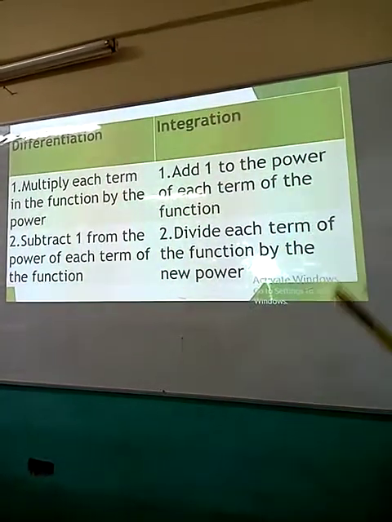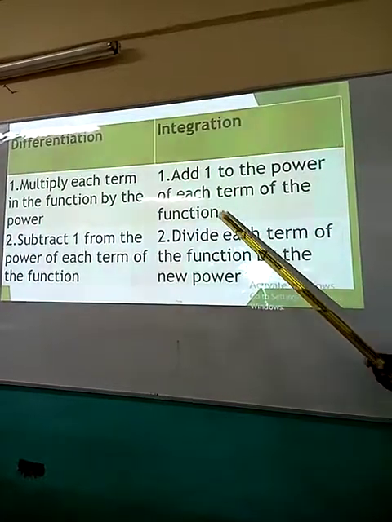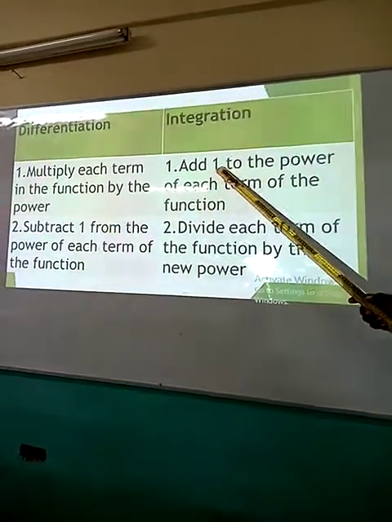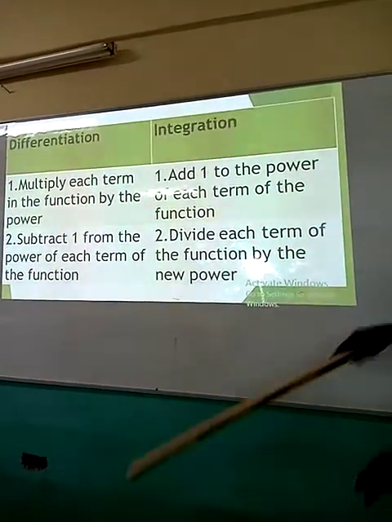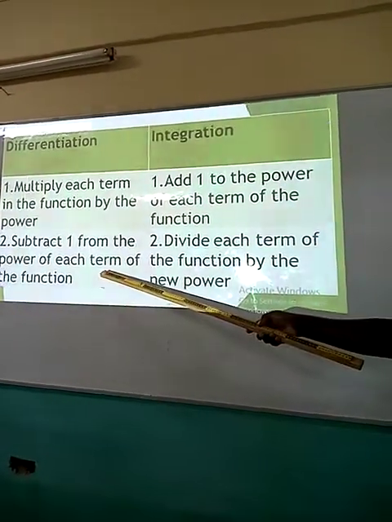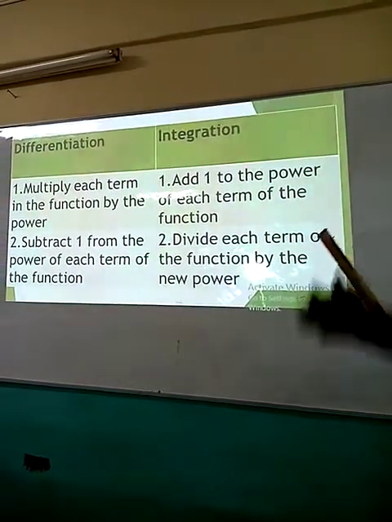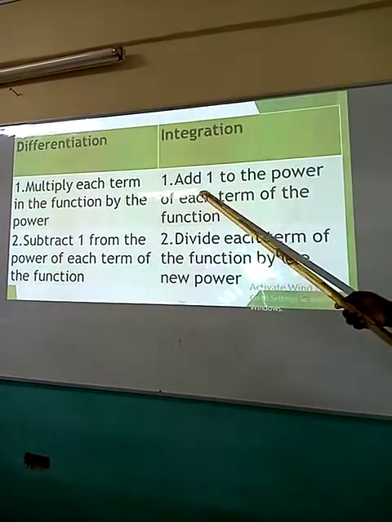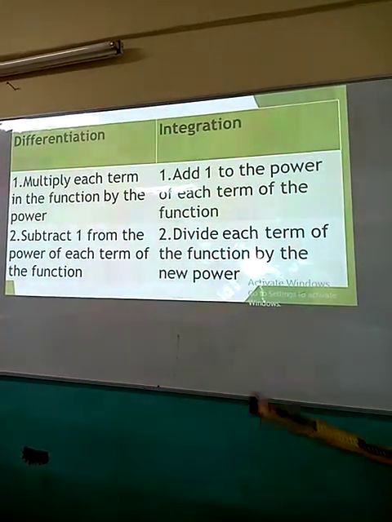Now, when we reverse this process in integration, we start by adding 1 to the power. Remember, we had subtracted 1 from the power in the last stage in differentiation. Now, we add 1 to the power because we want to go back to where we started. Add 1 to the power for each term of the function.